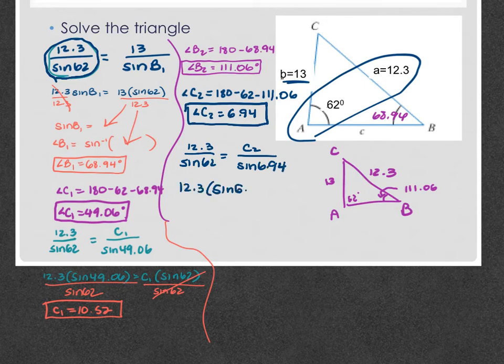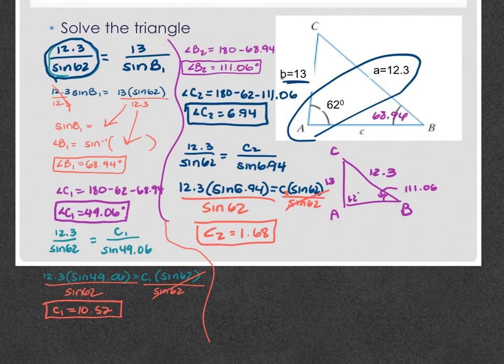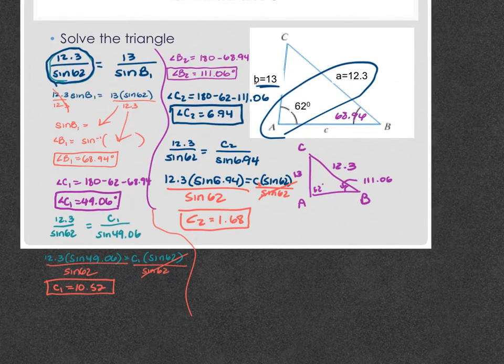Cross multiply and divide. And I get C2 is 1.68. So the answer to this is all 6 parts.